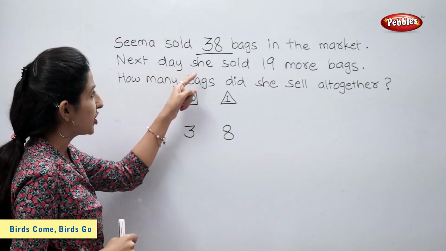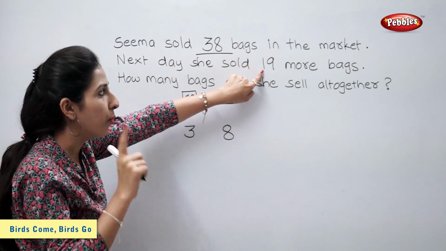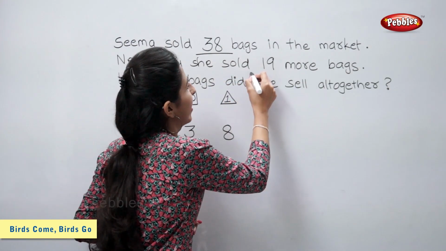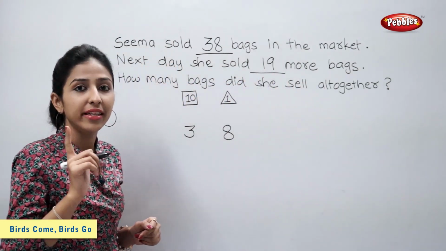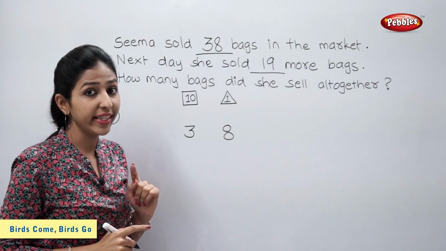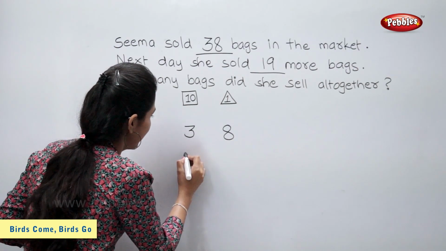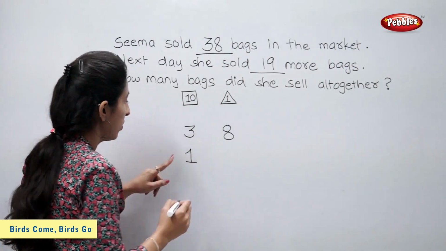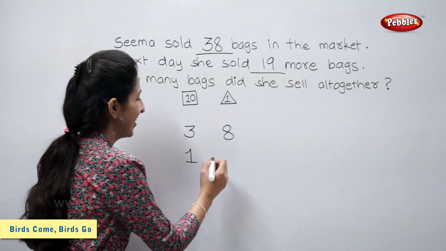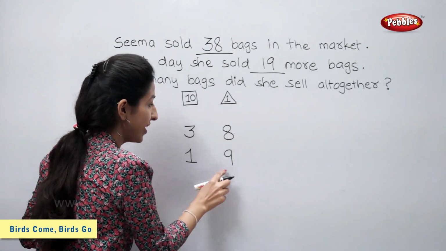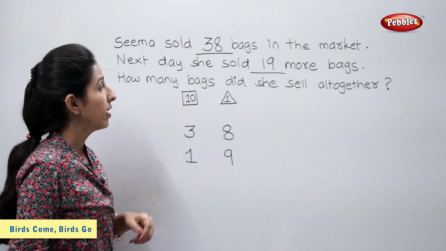Next day, she sold 19 more bags. 19 means 1 tens and 9 ones. 1 tens, 9 ones.